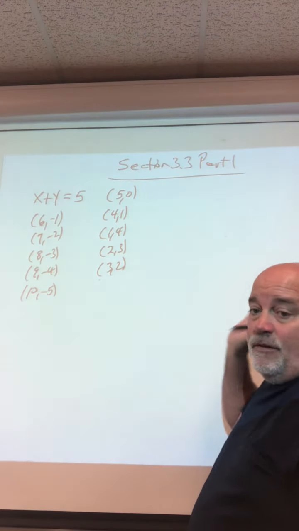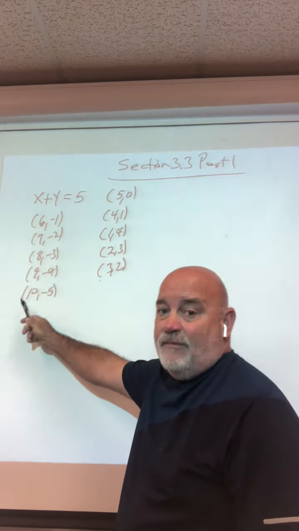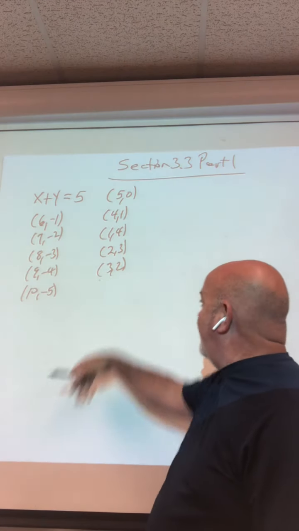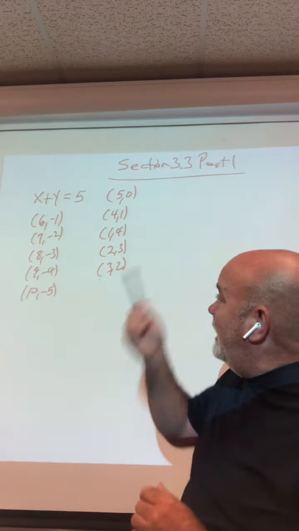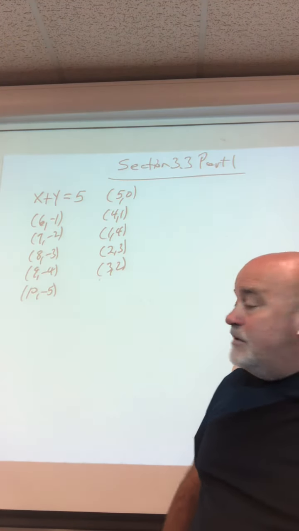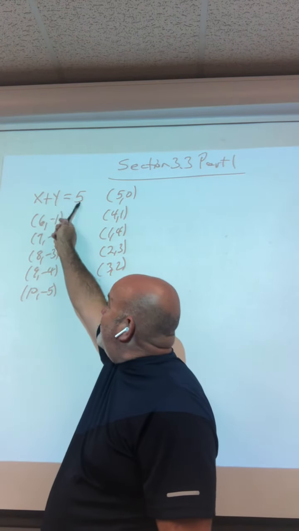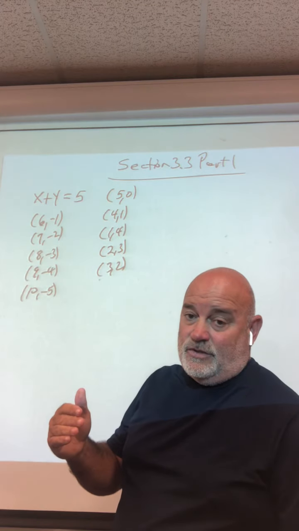So I could fill this entire board up, keep this pattern going, 10, negative 5, 11, negative 6, 12, negative 7. I could fill this whole page up with ordered pairs that add together to give you 5 and still not give you all of the answers. So how many answers does this actually have? It has millions of answers.